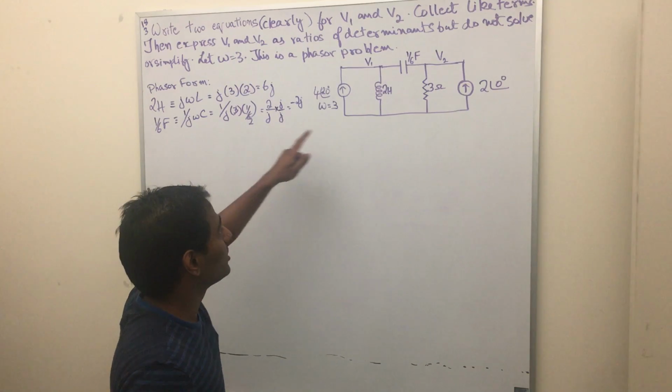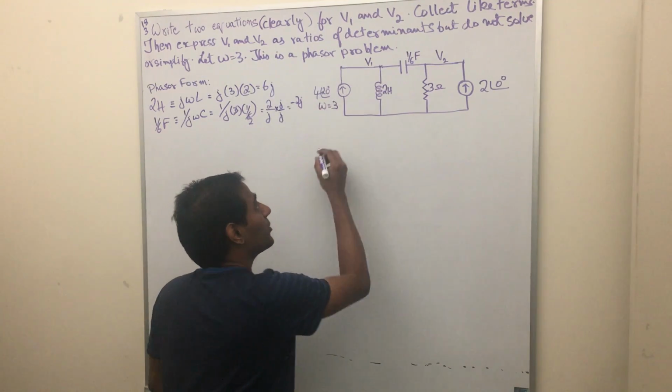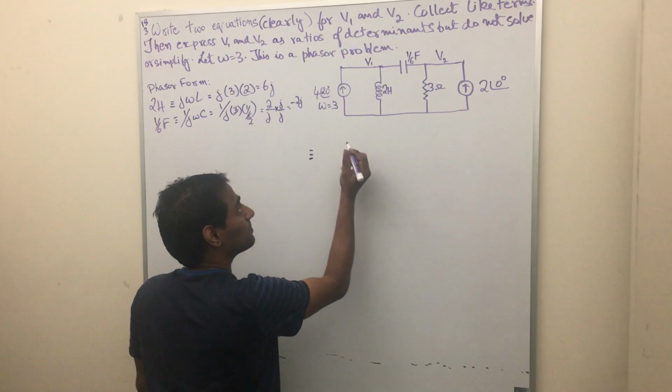Those are the phasor forms of each of the components. Let's convert this circuit into its phasor form.